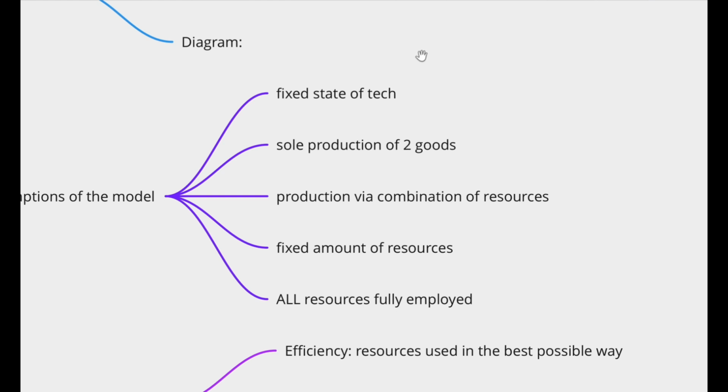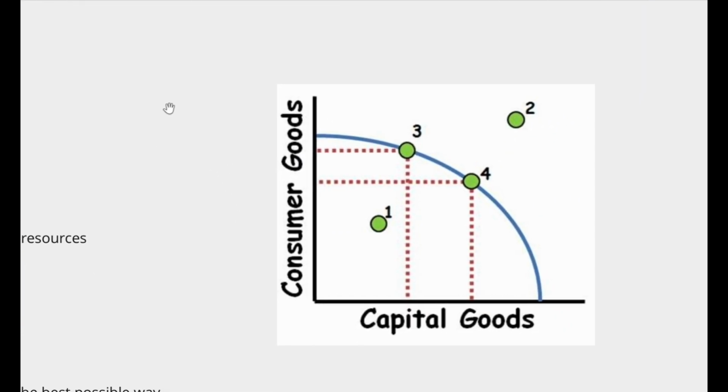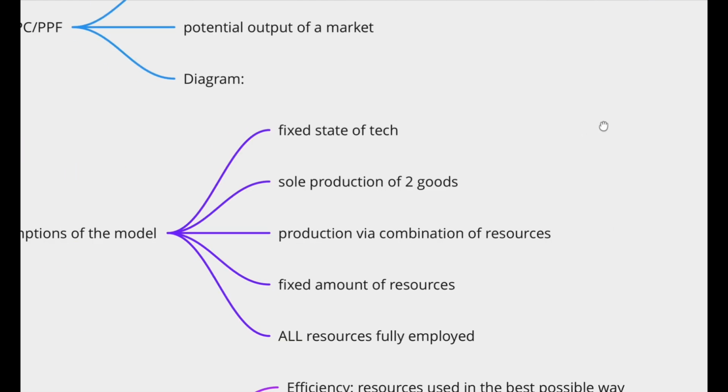Because technology affects the amount of production and the amount of supply, we consider it as fixed. And each economy produces only two goods. So in the example right here, this economy would only produce capital goods and consumer goods.